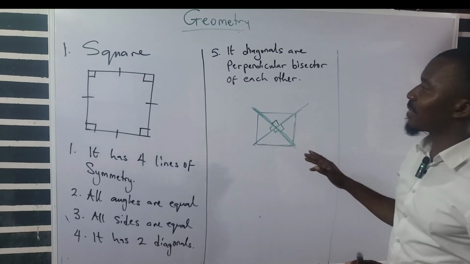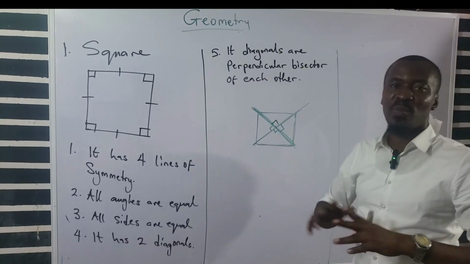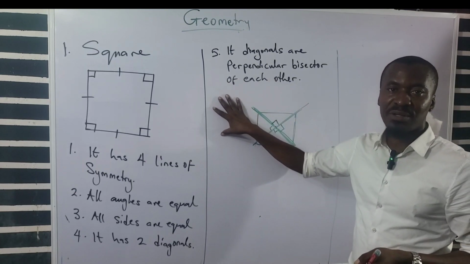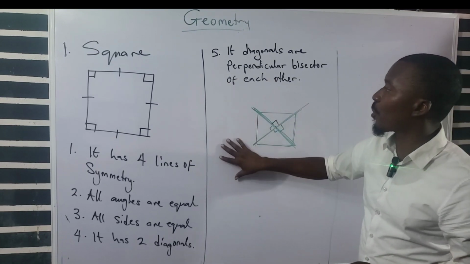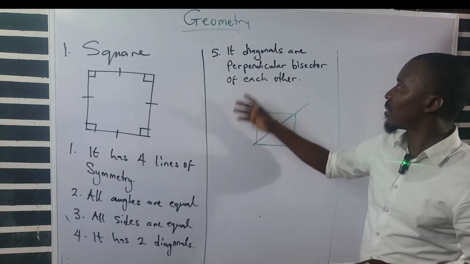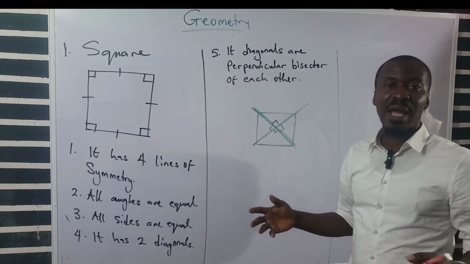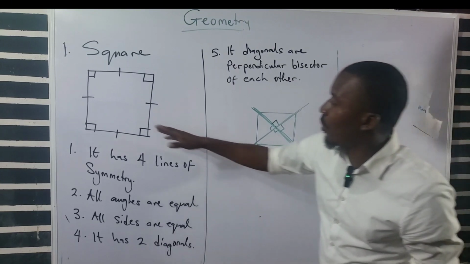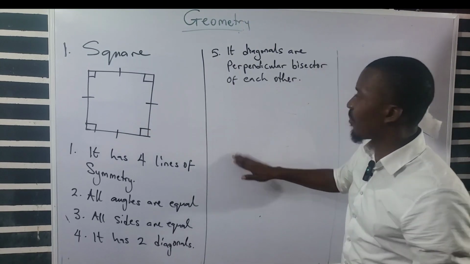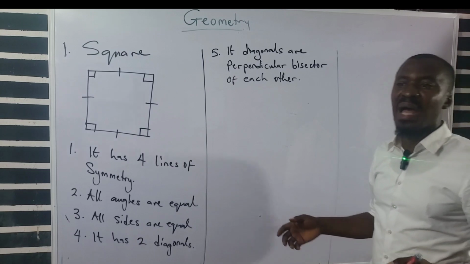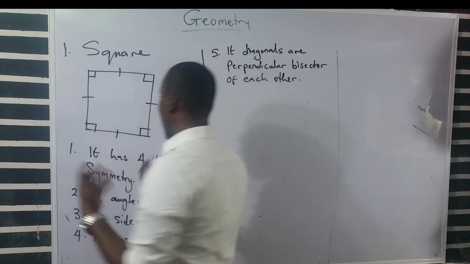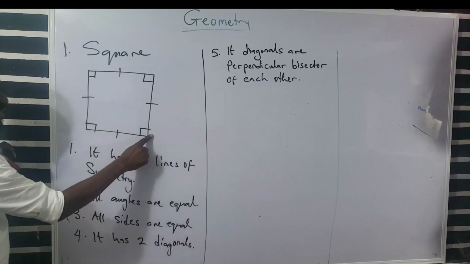Okay, now you can see that square has a lot of properties. Now when you include the three properties of a quadrilateral and include the four properties of a parallelogram, a square should have up to 9 properties. Okay, so if you look for more, you can still see more properties of a square. A square is the shape that has the most properties we can think of. Okay, you can even say that it has 4 vertices.